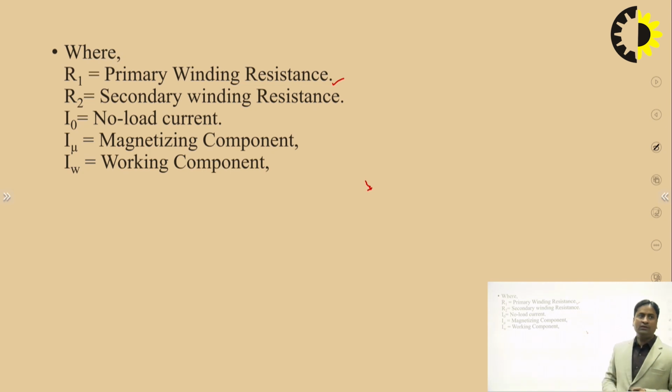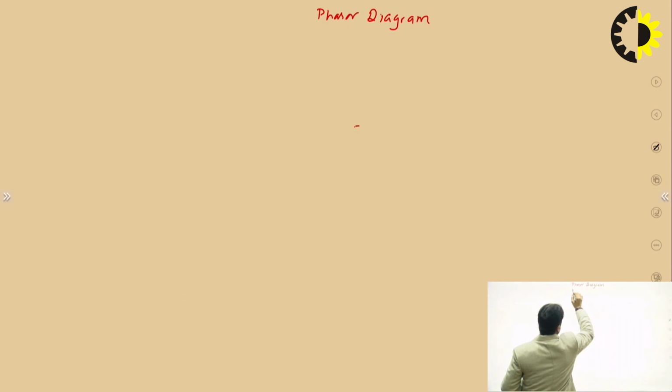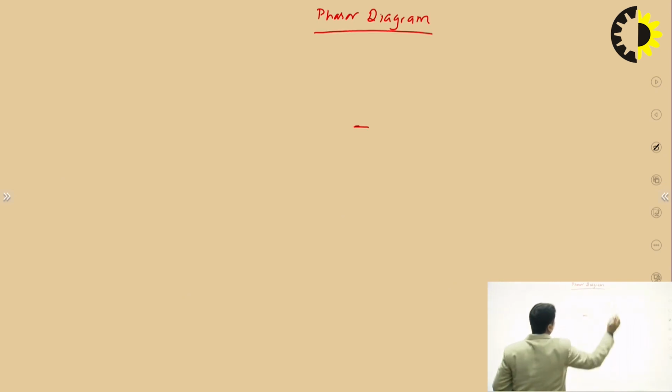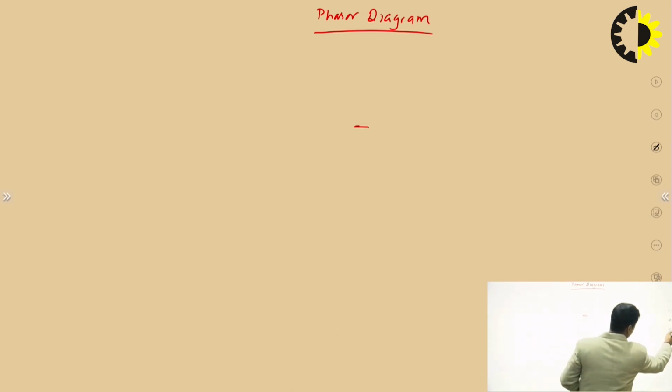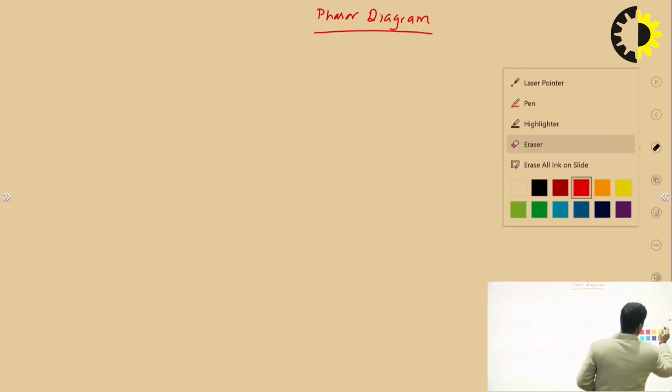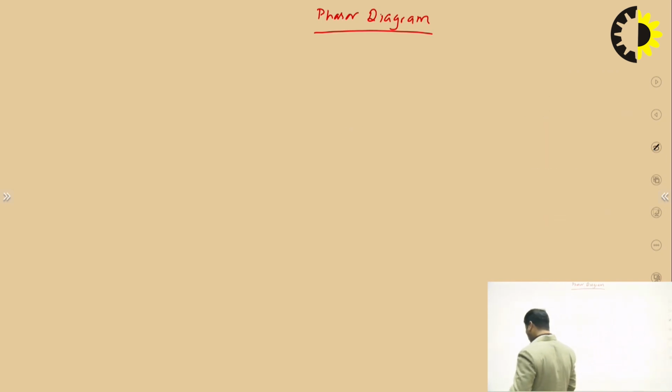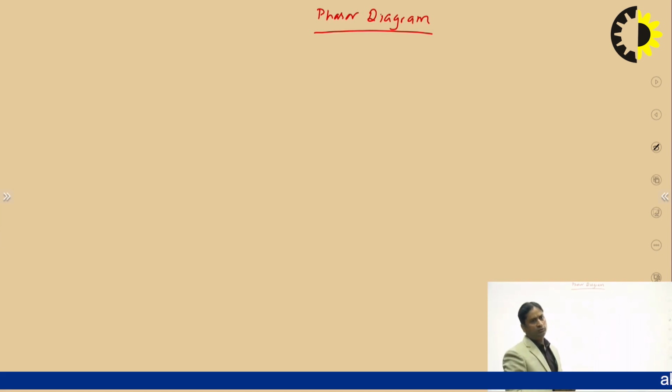Now, let us draw the phasor diagram. To draw the phasor diagram of this transformer, first of all we have to write the input equation and the load voltage equation of the transformer.